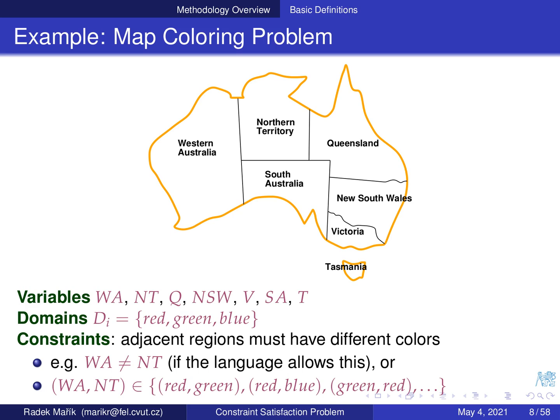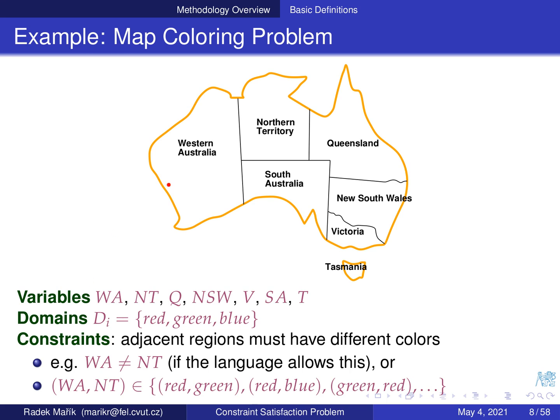I will present and demonstrate some examples and algorithms using the map coloring problem. We have a map of Australia and its states: Western Australia, Northern Territory, South Australia, Queensland, New South Wales, Victoria, and Tasmania.